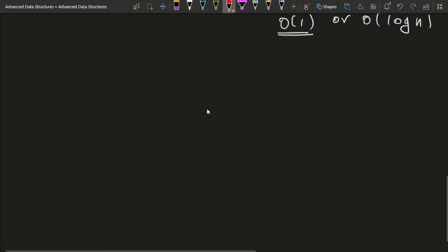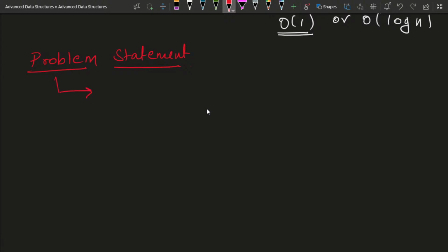So let me explain you the problem statement. The problem statement is similar to the square root decomposition problem which we took earlier. So what is the problem statement?